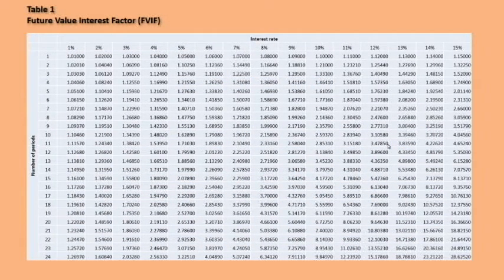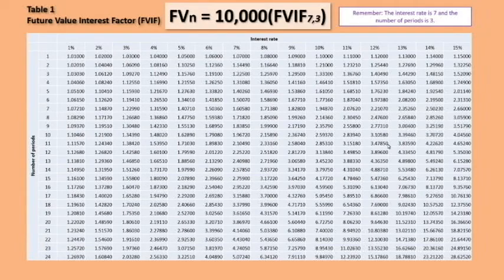Okay, here's Table 1, the Future Value Interest Factor Table, or also referred to as FVIF. You can see on the top line you've got the interest rate, and along the left-hand margin you have the number of periods. Again, keep in mind, number of periods doesn't necessarily refer to years. Okay, I've included our formula for our problem at the top center.